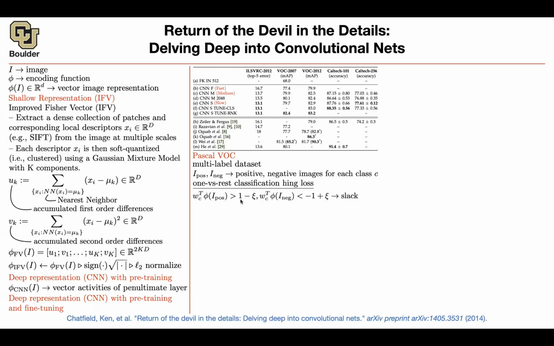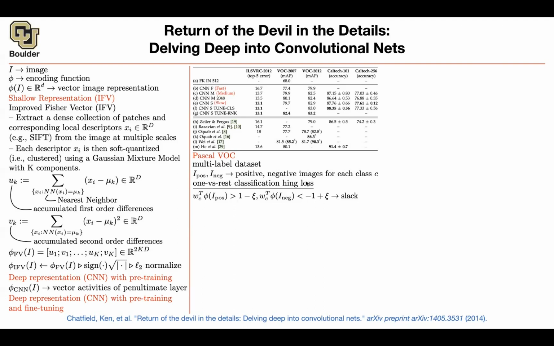If it is bigger than 1, your model is doing the right thing because this was positive. There is that particular class included in this particular image. And in the other case, it doesn't exist. And you do it with a margin, the ones who are bigger than 1 and the ones who are less than -1. And that's where the hinge loss is coming in.